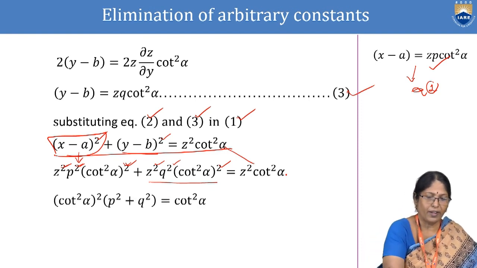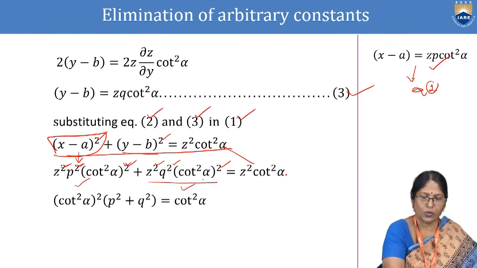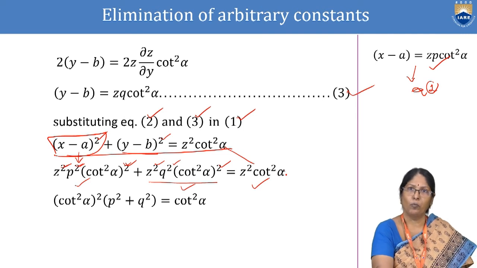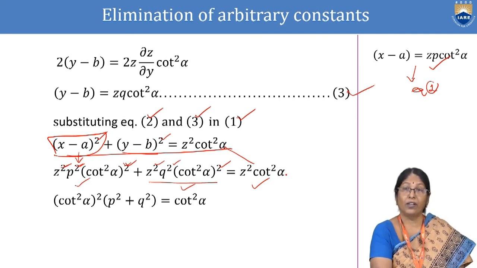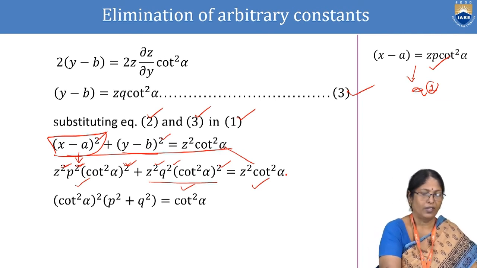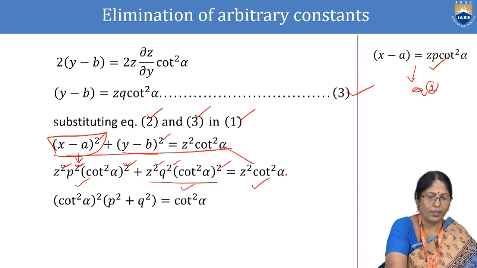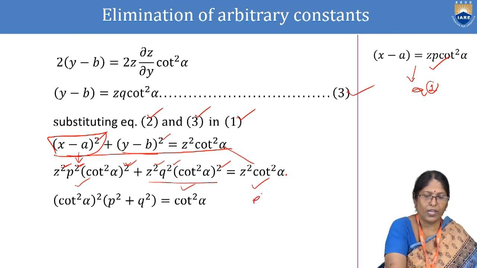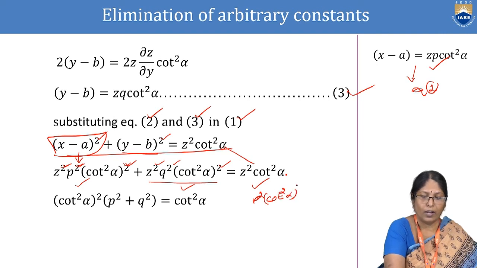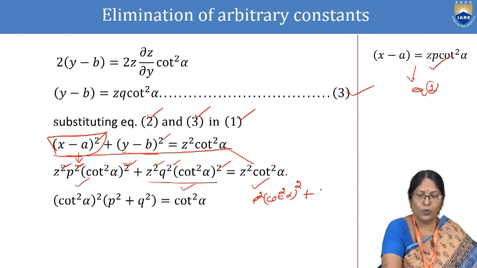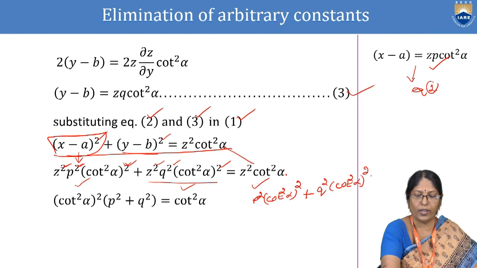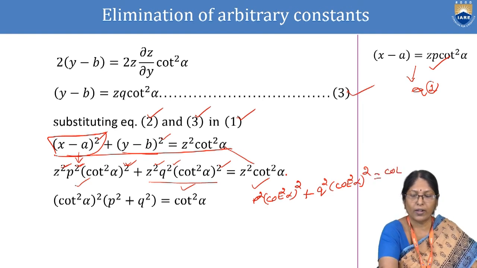Now, completely z square, here z square, here z square. Both left and right, the term z square is common, so we removed it. The balance, if we take here, p square cot square alpha, here q square cot square alpha, the whole square equal to cot square alpha.